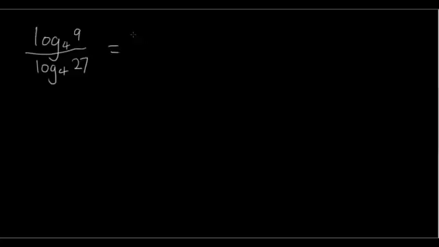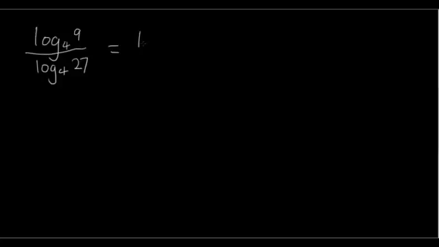So what you can do is just think in your head, well, if we had the same thing on both the top and the bottom, then we can simplify it. So is there a way for us to make these two logs exactly the same?